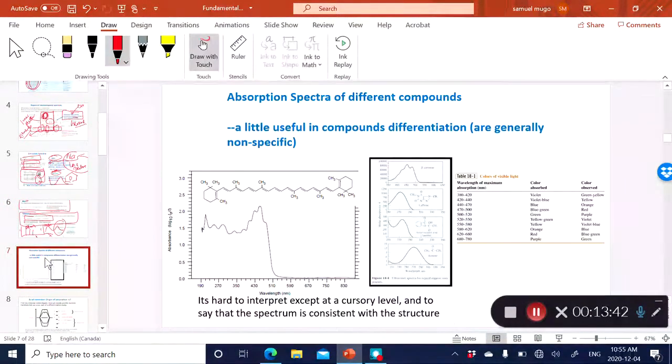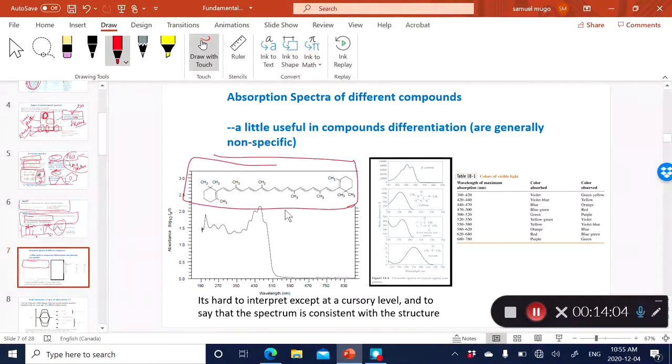And so as I've said, if I've got a molecule such as beta carotene here, I think it is, I'm going to have a very non-characteristic type of spectra, because the molecule is very, very complex. And so there are so many possible transitions that would take place in this case.